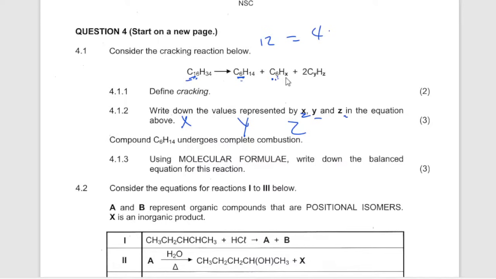Okay, and then z, y, and then x. Now you have x. This is 16, this plus this is 12, so the balance here is gonna be 4. So we put the 4 there.